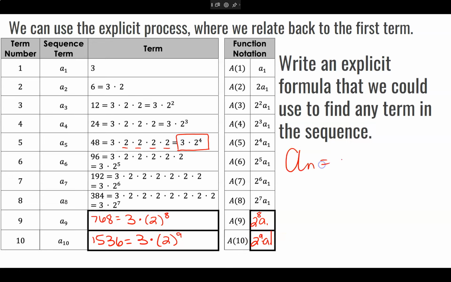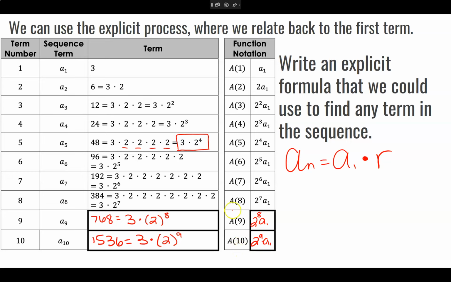So for an explicit term for this one, we used the first term every time, then multiplied it by the ratio. What was the exponent on my ratio? To get to the 10th term, my exponent was 9.